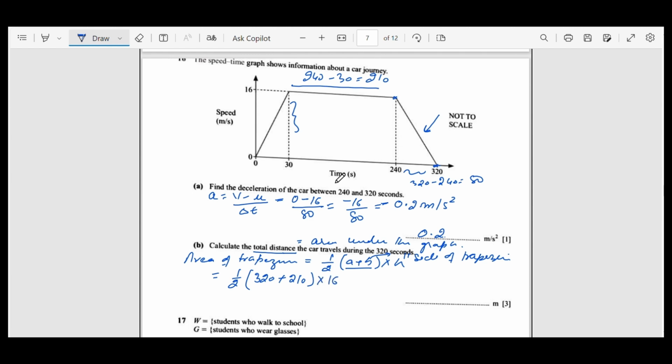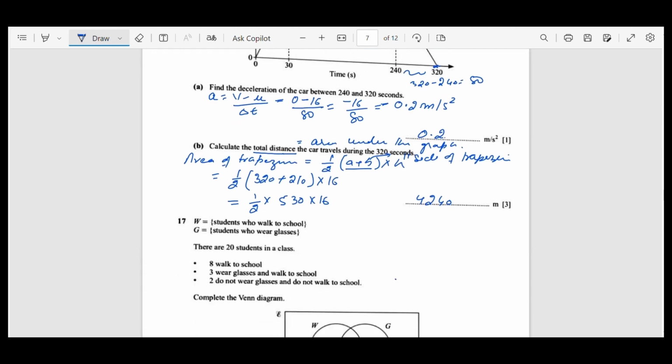And this will be equal to 1 by 2 into 530 into 16, and this will be equal to 4240 meters, right?